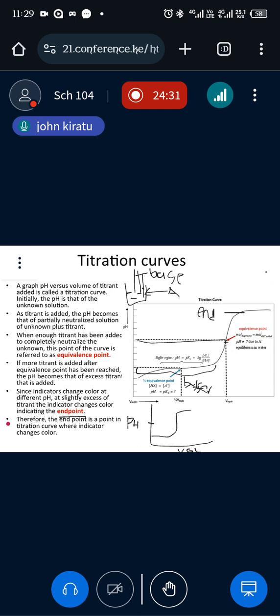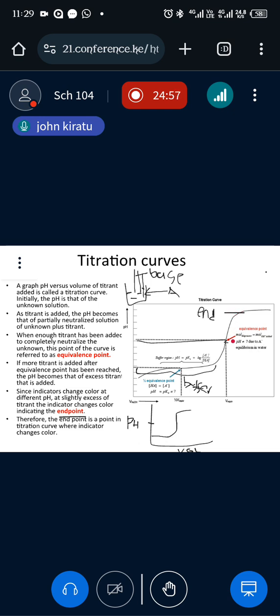But when you are doing calculations, you assume that the amount of the base and the amount of the acid is equal, right? Or the moles that reacted is equal to the moles which is added. So basically, when you are doing calculations, you usually use the equivalence point. But when you are doing titration using indicators, what you usually face is the endpoint.